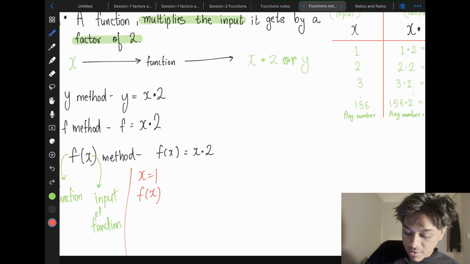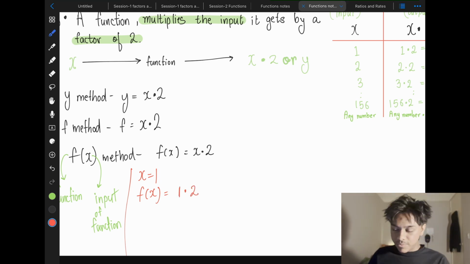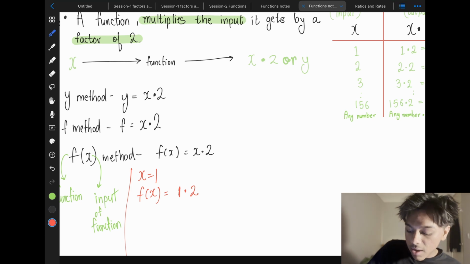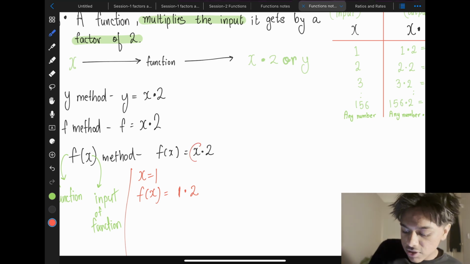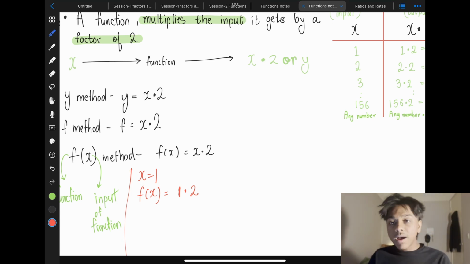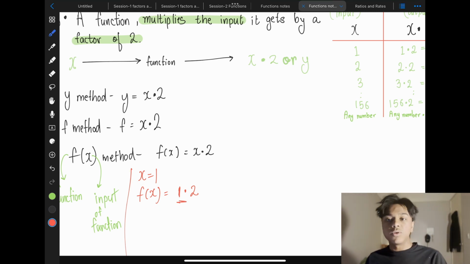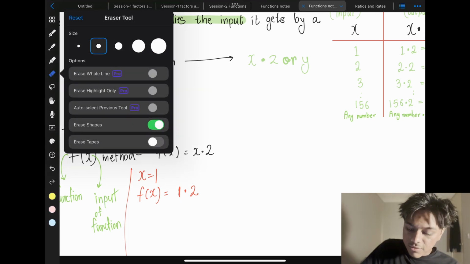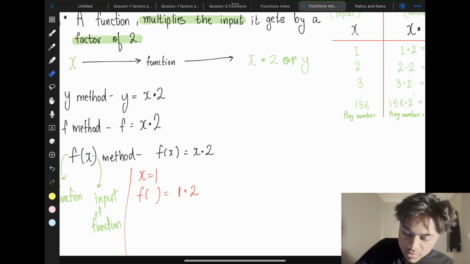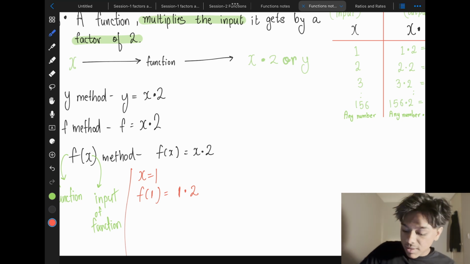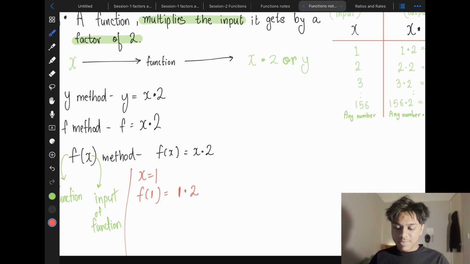So I have to write the function in terms of 1 in place of x. I have to change this x with 1, since x equals 1. But here I said the input is x, and then I'm using 1 as my input. That doesn't make sense. So I have to write 1 here as well. I have to say f at input of 1 will be equal to 1 times 2, right?